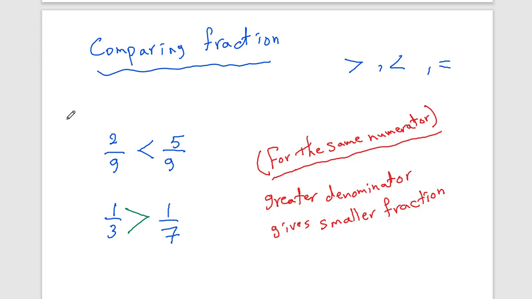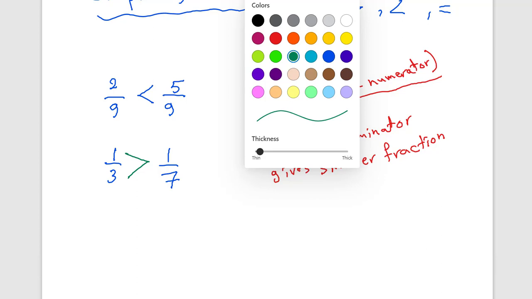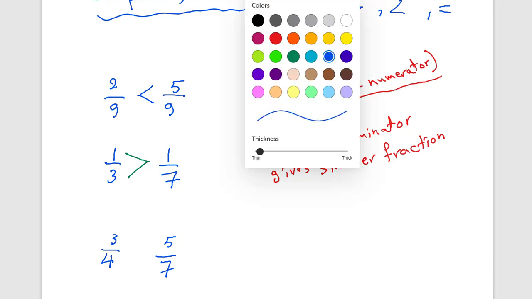And the last way that we can use to compare fractions is the scissors method, when we have different numerators and denominators, like this one, 3/4 and 5/7. In this case, we can use the scissors. How do we use the scissors?